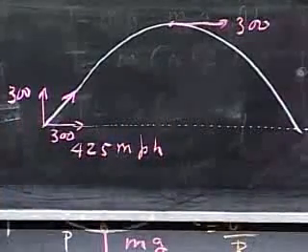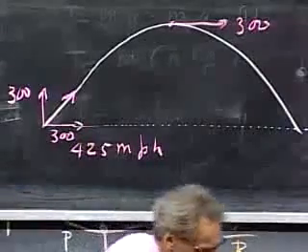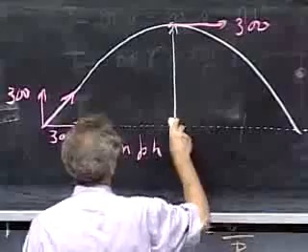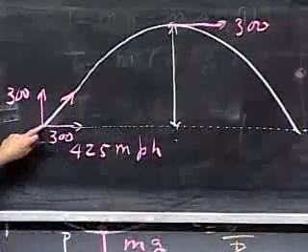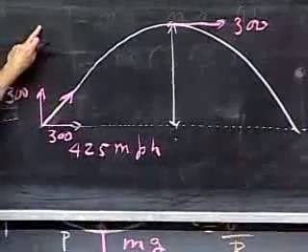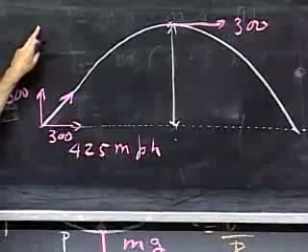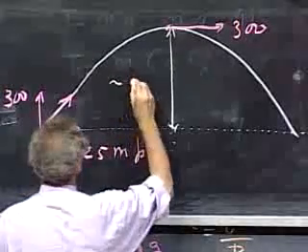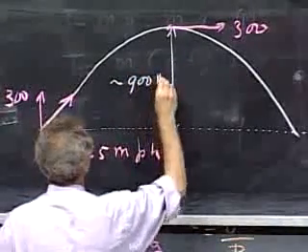You should be able to calculate with all the tools that you have available how high this goes from this level. In other words, what is the time that the velocity in the y direction comes to zero? You can calculate that, and then you know how much it has traveled. Very crude numbers, this is about 900 meters.